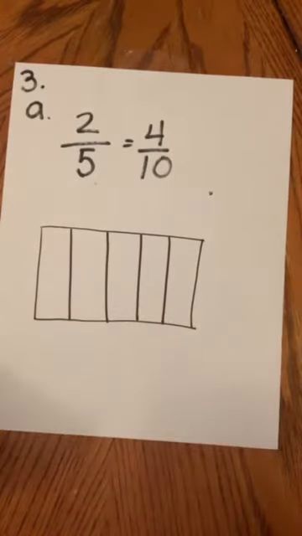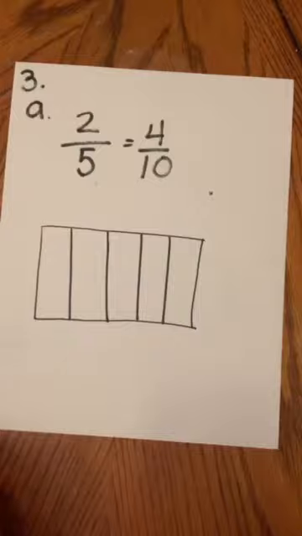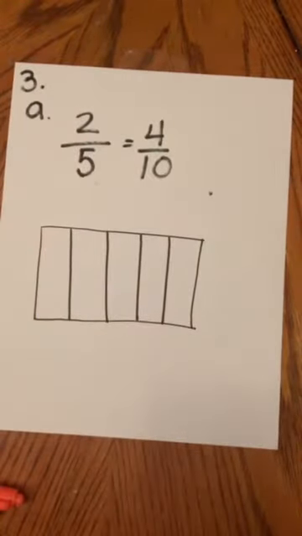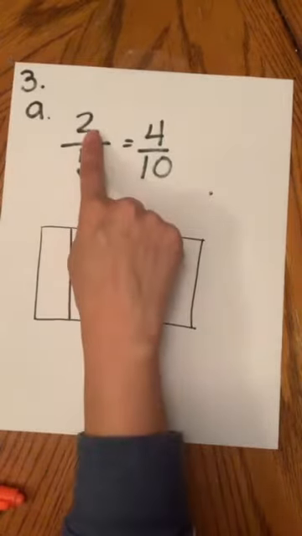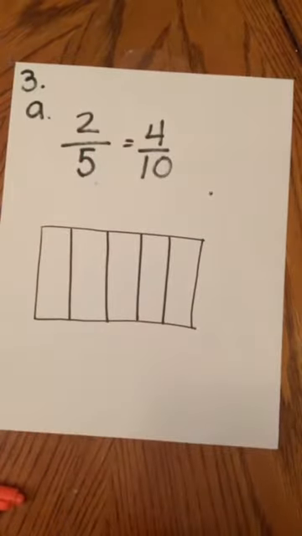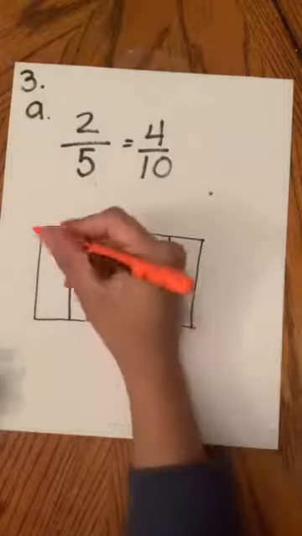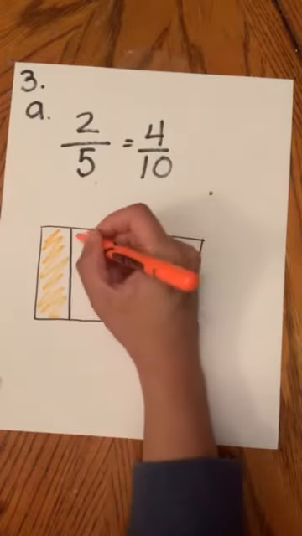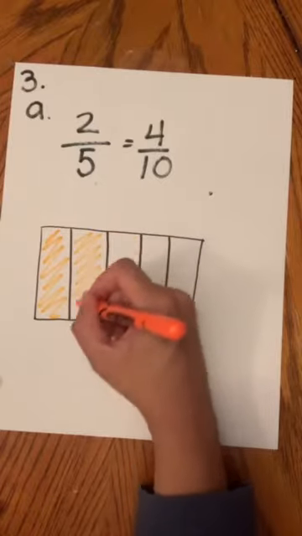Did I do fifths? Yep, I sure did. Now, how many parts of those fifths am I going to shade? Yeah, you're absolutely right. I'm going to shade 2 parts. So I can use my cool colored marker.